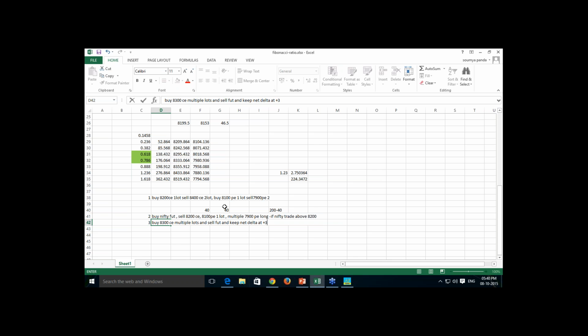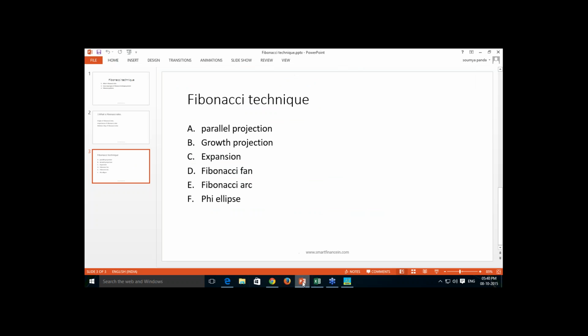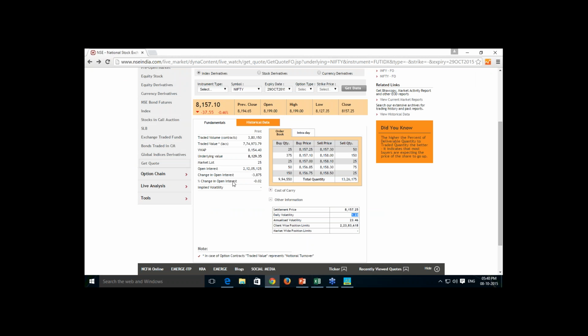So this also you can form any kind of strategy, provided that it gives a breakout above 8200. If it doesn't and gives a downside breakout, similar kind of things you can form on the put side. So this is how you can form many different strategies. But to my knowledge, the first one what I have told looks promising at this particular time. So this is how you can form many different option strategies along with this particular method.